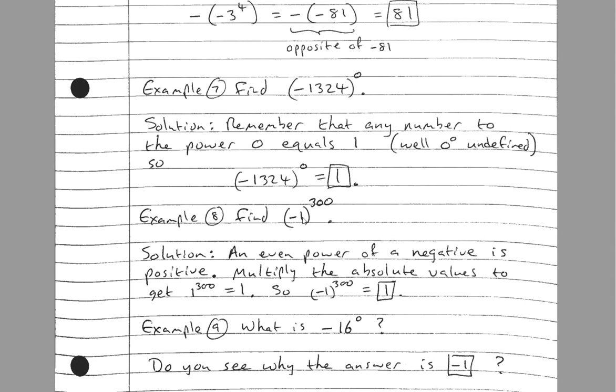So here we have an even power of a negative number, so the answer must be positive, since 300 is even. If you multiply a bunch of ones together, so just look at the absolute values, multiplying ones, you always get 1. Okay, so the number is 1, and since 300 is even, we take it with a positive sign. So the answer is just 1.